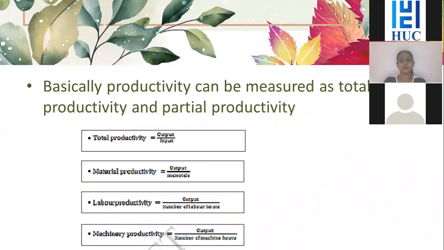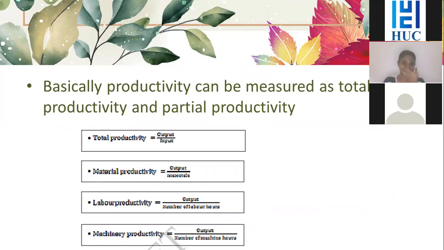So here you can see how to calculate the labor productivities, right? Material productivity is there, labor productivity is there, machinery productivity is there, but you need to do output divided by input. The total productivity you can calculate here is output divided by input.